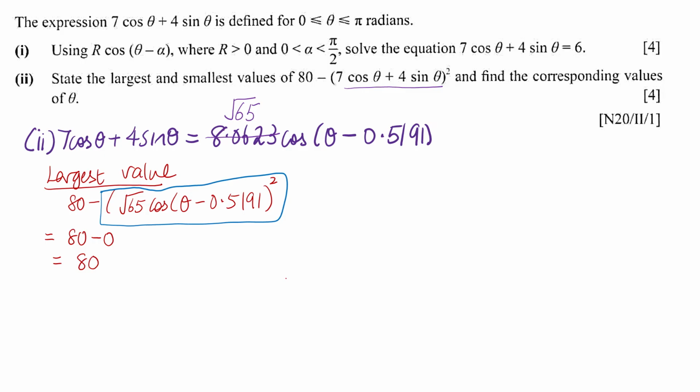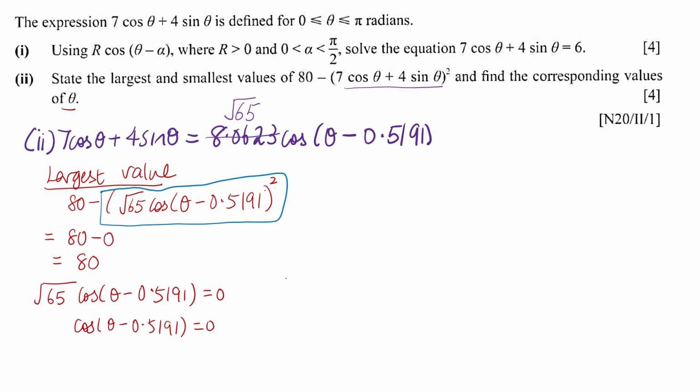Okay, and we are also required to find the corresponding value of theta. So where does this corresponding value of theta come from? It will come from this part here, where we agreed earlier on that this should be 0, right? Because the smallest value when you square any negative or positive real number is 0, right? So you will end up getting cosine bracket theta minus 0.5191 equals to 0, because 0 divided by square root 65 will give you 0.